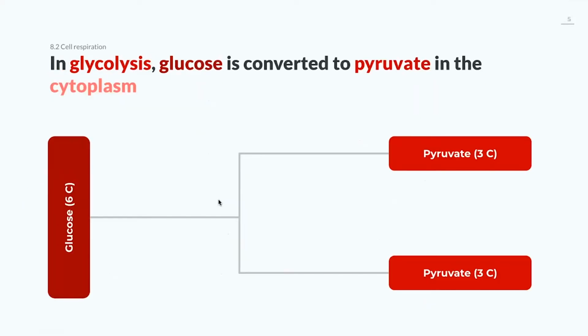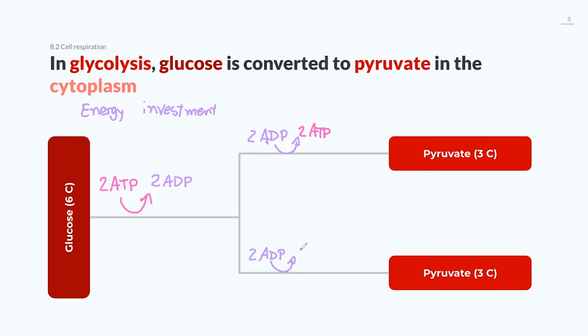Again, glycolysis converts glucose to pyruvate in the cytoplasm. We have the energy investment phase when you have 2 ATP being used to form 2 ADP. But then these 2 ADPs will be used here in the subsequent reactions to form 2 ATP. This is the energy harvest phase.